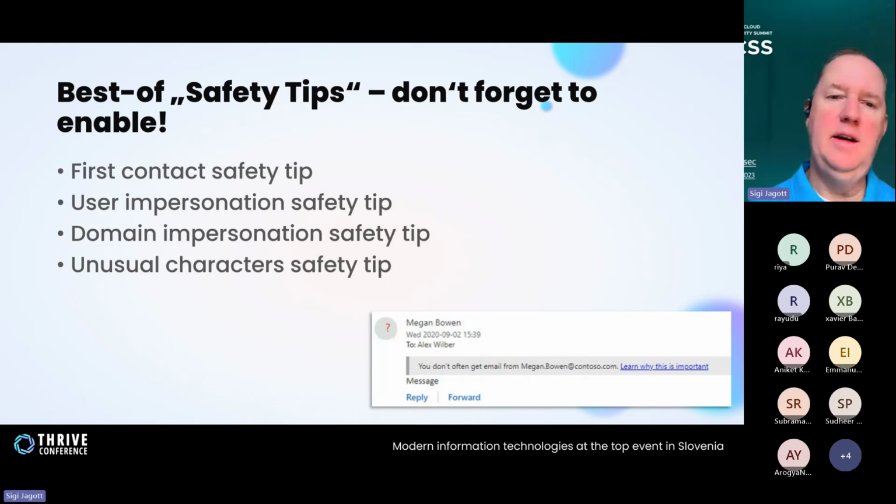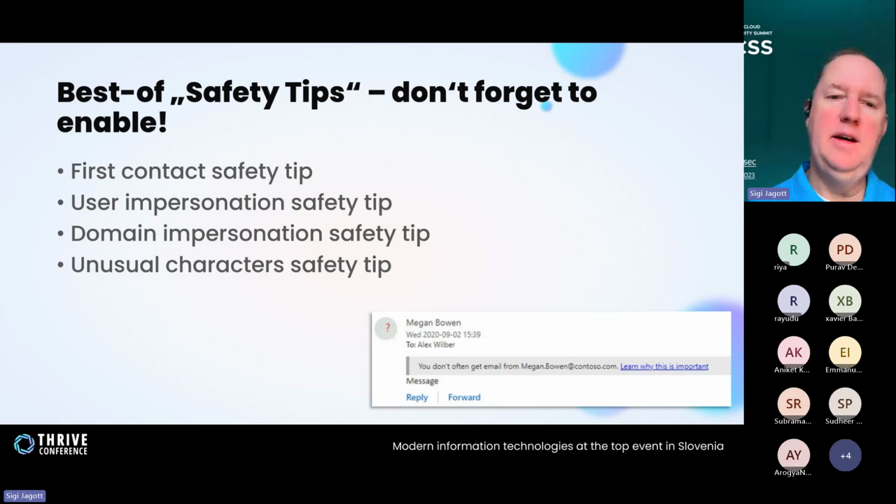So the user can identify, oh, I never had contact with this email address, so it might be something weird. And that's, of course, important to identify malware, spam, phishing, those kinds of messages. So the user gets more information.